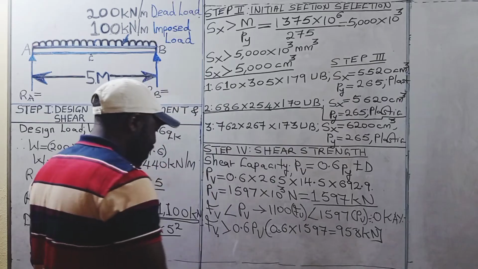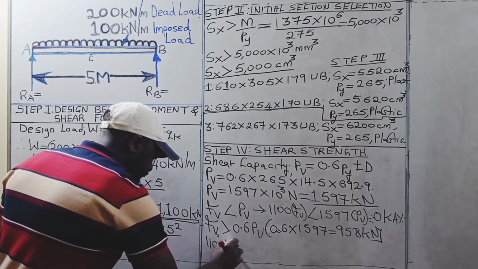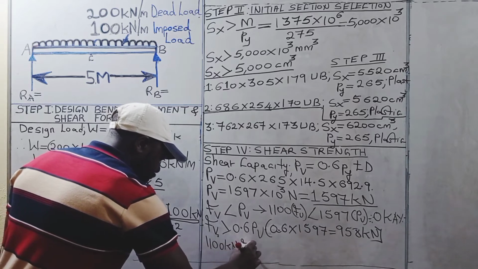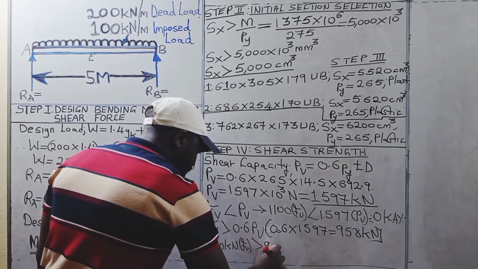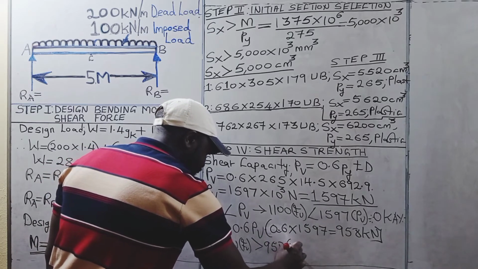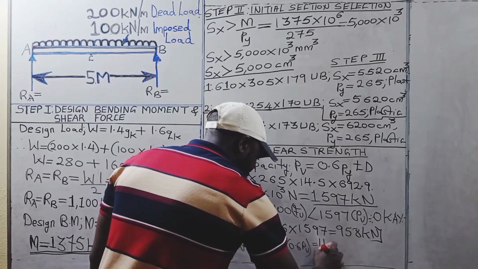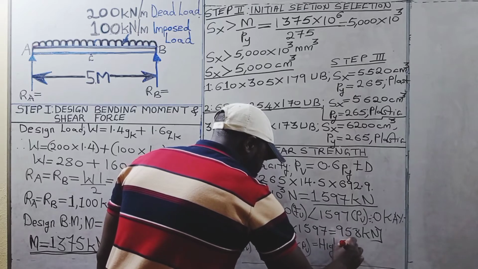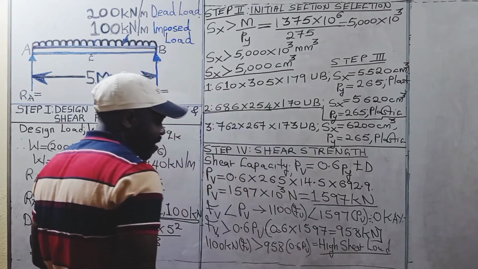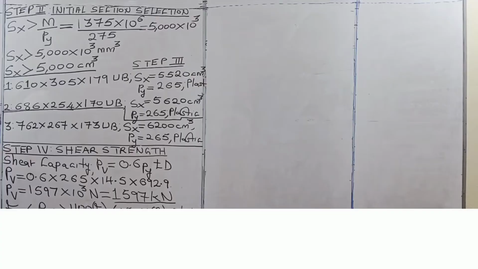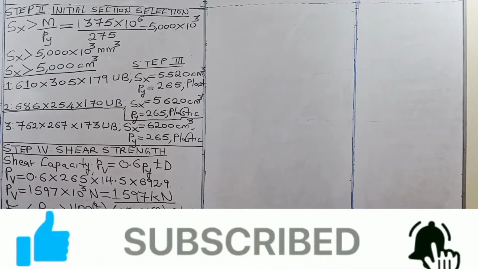Therefore, you find that FV, which is 1100 kilonewtons, is actually greater than 0.6 PV, which is 958 kilonewtons. And this means that this is a high shear load. That is a high shear load. All right. So we are done with step number 4, that is the determination of the shear strength.